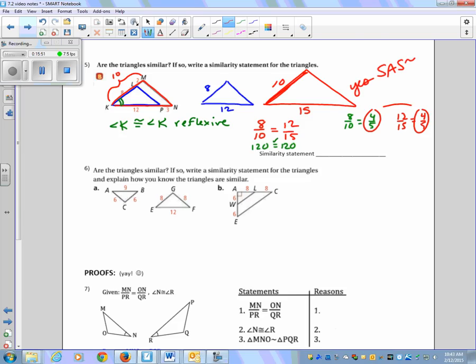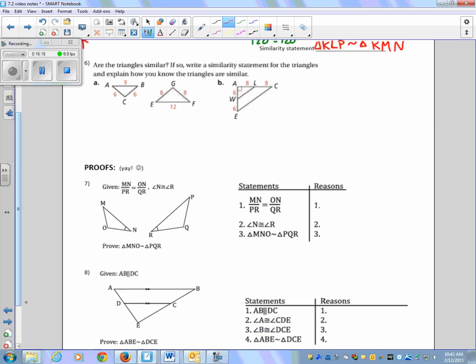And the similarity statement would be triangle KLP similar to triangle KMN. Make sure you have corresponding parts. So that's a little trick when they're overlapping. You can use that overlapping part, in this case an angle, as being congruent to each other.